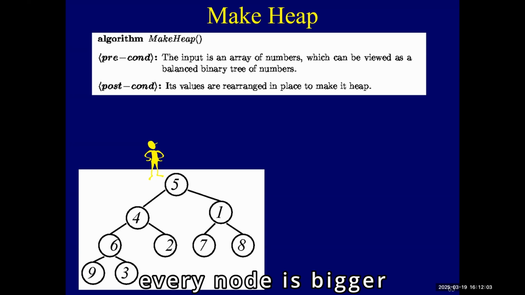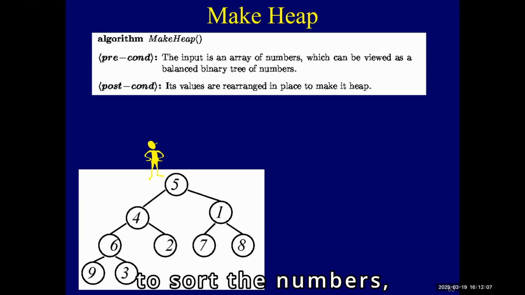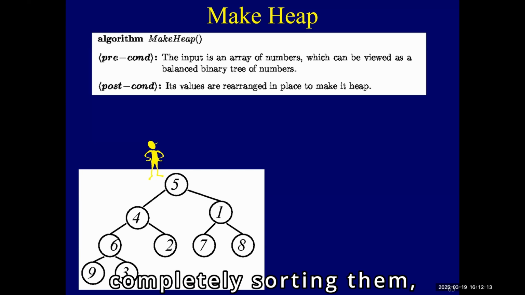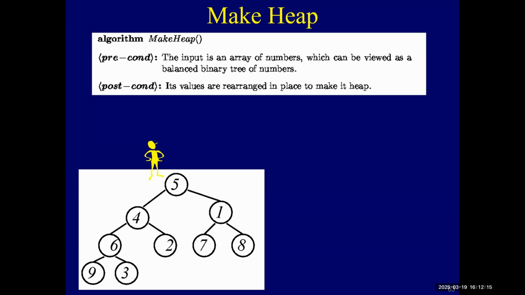Every node is bigger than all of its children. Now, to sort the numbers takes n log n time, but we're not completely sorting them. It's going to take you at least n time because you got to look at the numbers, but it doesn't take n log n time. We can do it in order n time. All right? Everybody understand what the problem is?